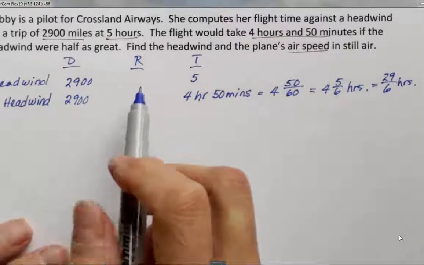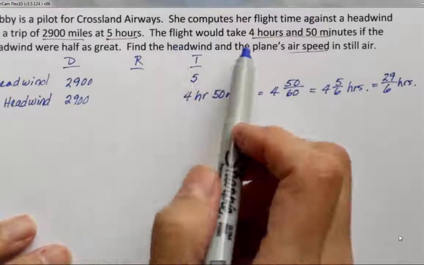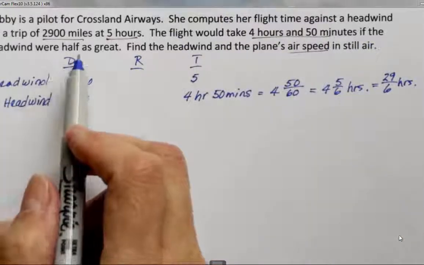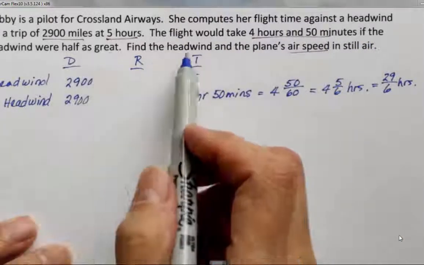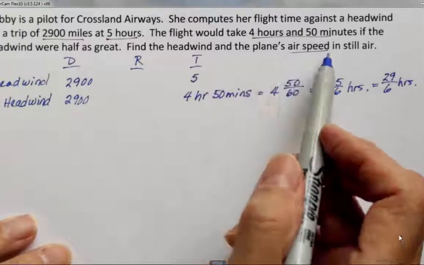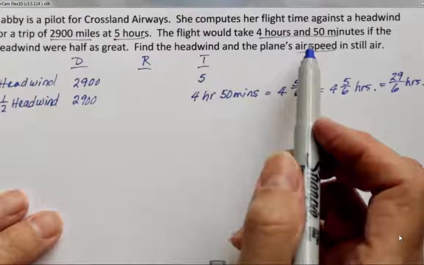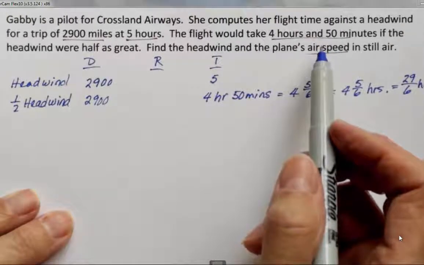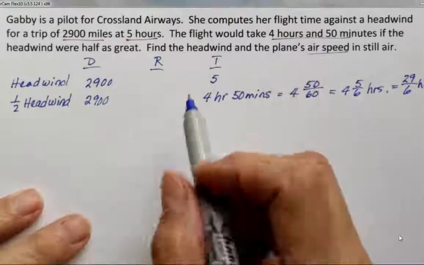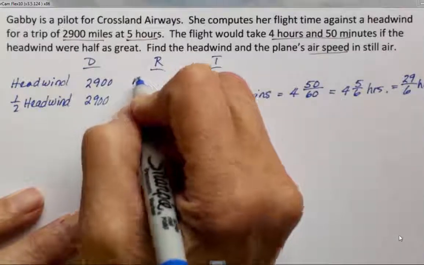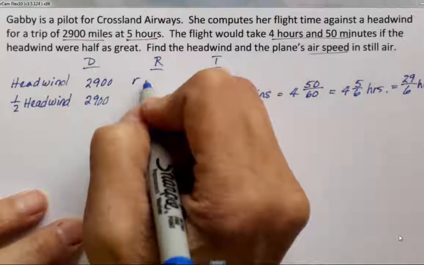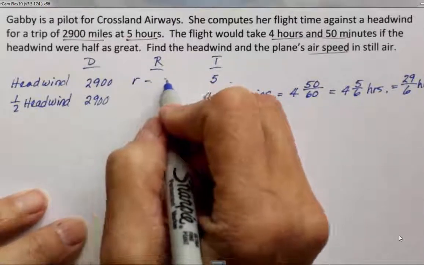Then we have to figure out our rate. So the flight would take, okay, if the headwind were half as great. And then it says find the headwind and the plane's airspeed. Well, I know the plane's airspeed is going to be less when I have a headwind. So that means I'm going to have my regular rate, and then I'm going to have to subtract from that my headwind.